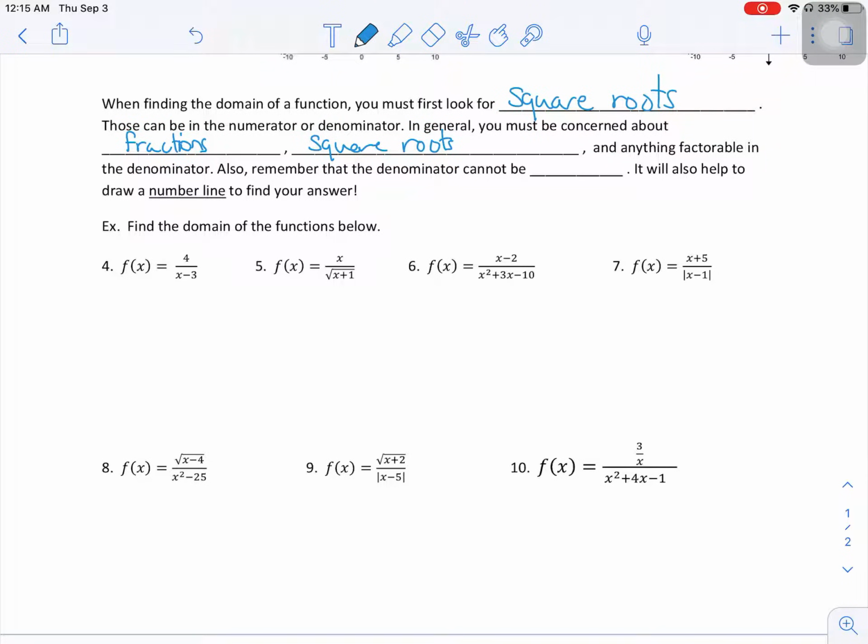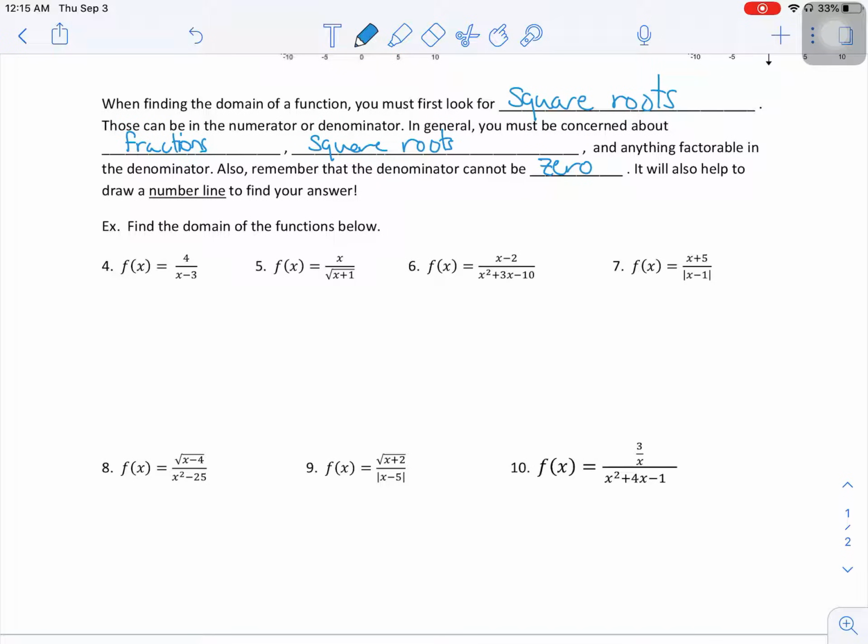Your denominator cannot be 0. Nobody is allowed to divide by 0 and try to get an actual number answer. So we consider that undefined, and because it's undefined, we do not include that in the domain.